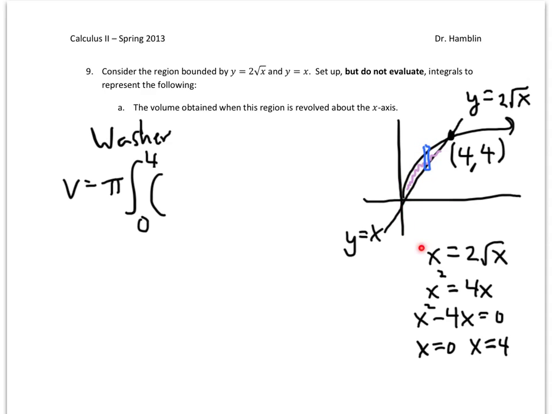So this top rotating around, that's going to give us our big circle. And so that's going to be 2 radical x squared, minus our inner radius, that's based on the bottom of our rectangle. And our bottom of our rectangle is y equals x, so that'll just be x squared. And we're asked to set up but not evaluate the integral, so that's all we have to do.